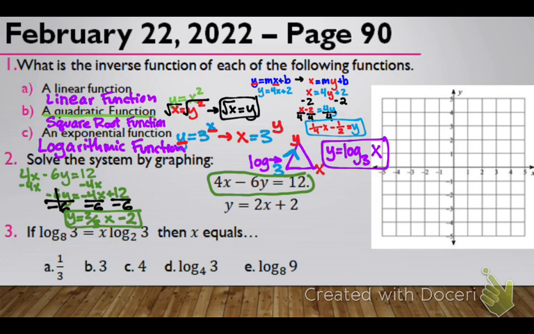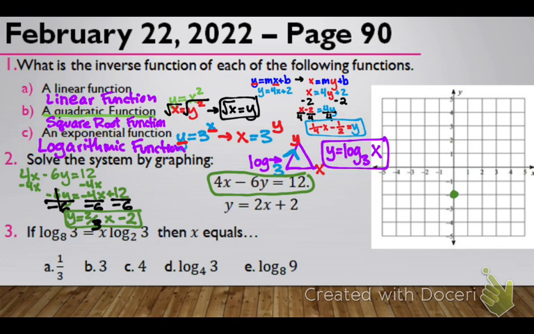Do I know how to graph it now? Yeah, where would I begin? -2, that's my y-intercept. So I'd be at -2. Where would I move from -2? Up 2, sorry, that's a 3.